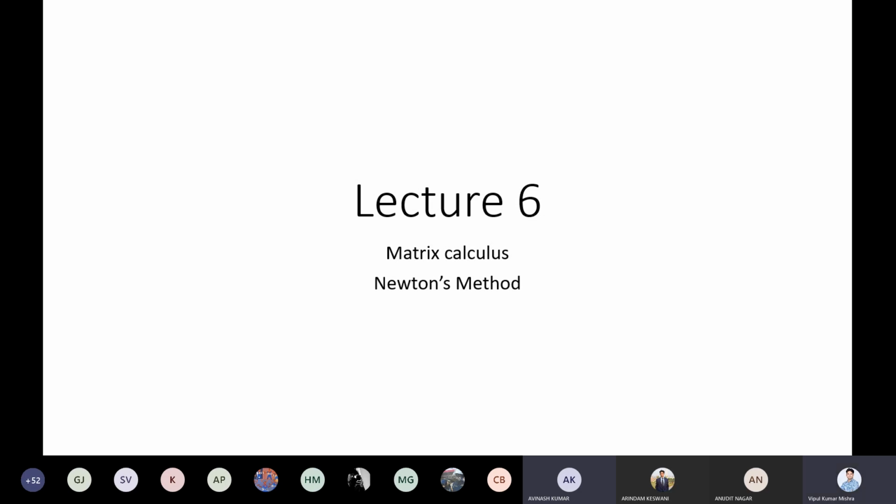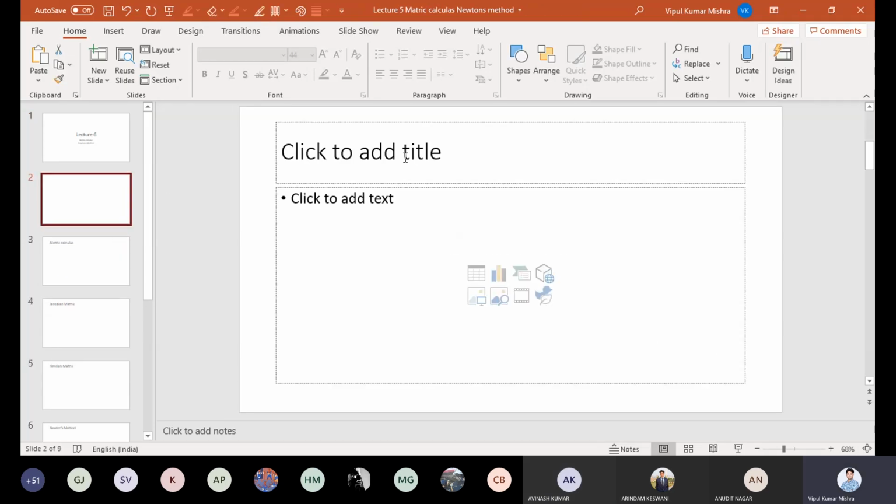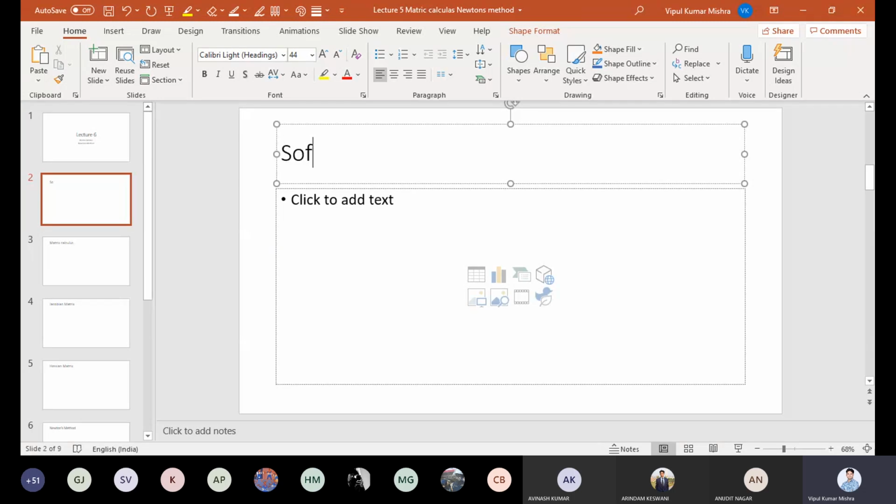Okay, so let me take an additional slide here to add softmax.